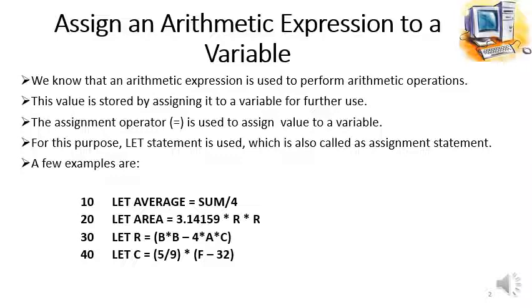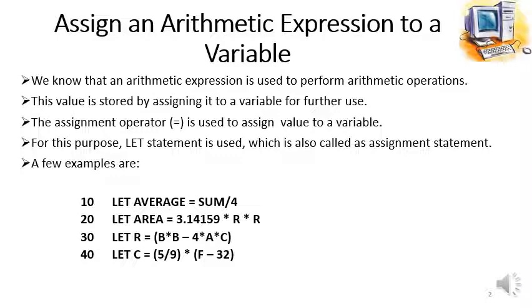Let r is equal to b square minus 4ac. This is called the discriminant, which is related to the quadratic formula, and we are using it as an expression here. So in programming we have to write it like this. Line 40 is also a formula, for converting the temperature from Fahrenheit to degree Celsius.